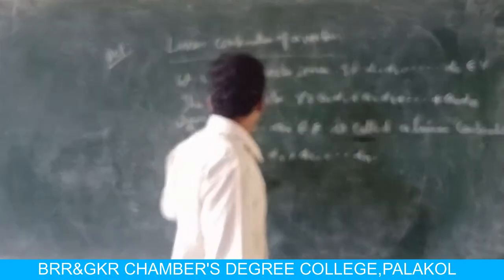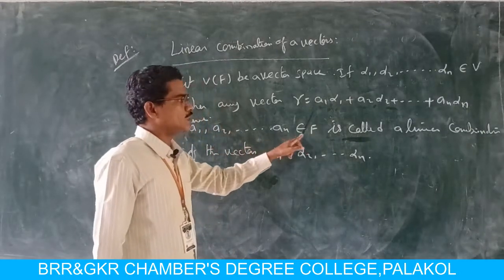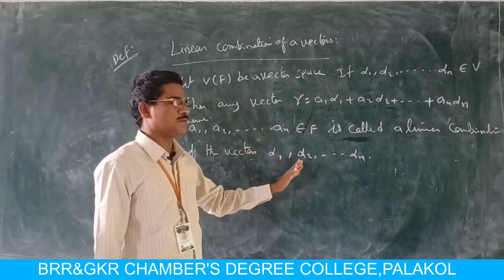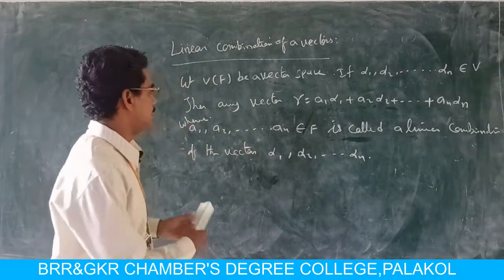Here a1 alpha 1 is a multiplication of a scalar and a vector.